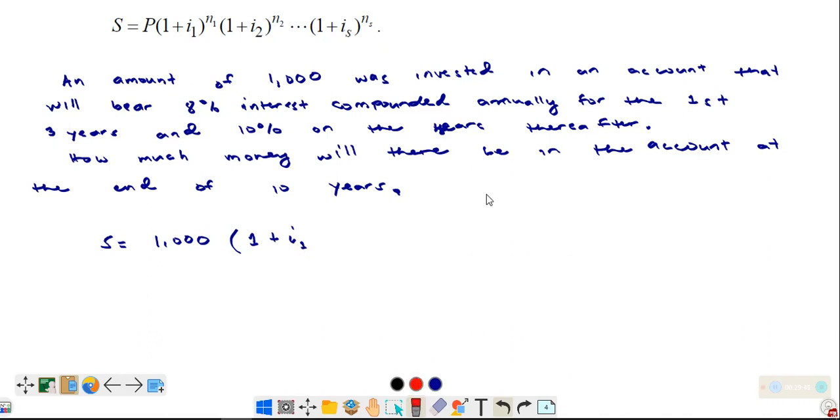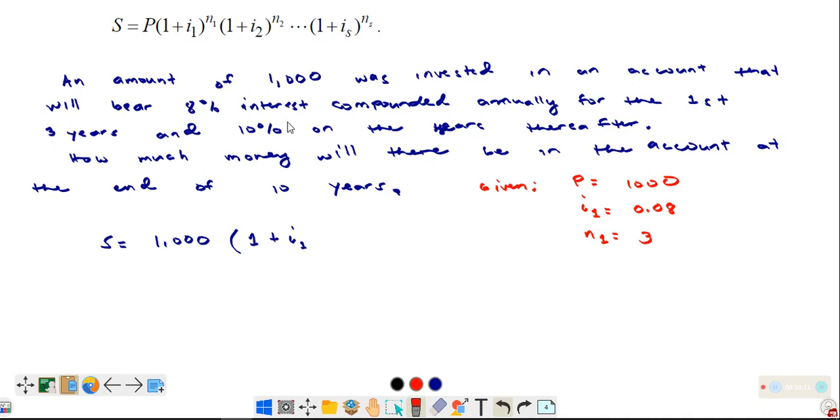So, lagay tayo ng mga given dito. The given values are, of course, your P is 1,000, your I sub 1, ang first interest mo for the first term is only 8% or 0.08, and then it will last for N sub 1 natin, yung duration for the first term of the conditional interest will be 3 years.